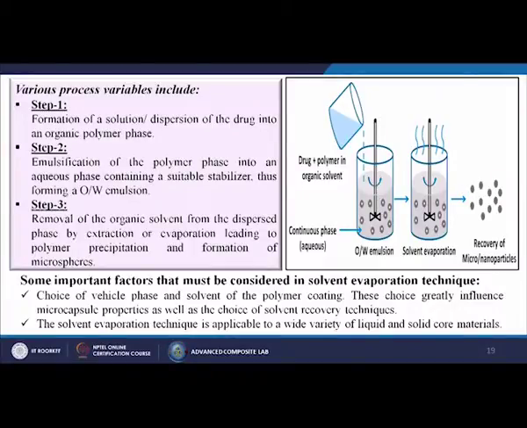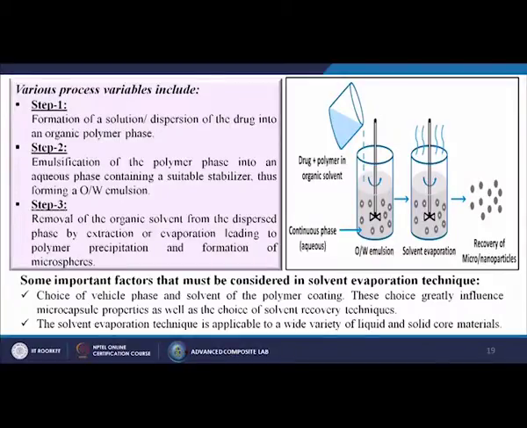In this case we can see that we add the drug and polymer in organic solvent, then put it into a vessel, then do continuous stirring of the oil-water emulsion, then solvent evaporation, and after that we get the recovery of the micro/nanoparticles.